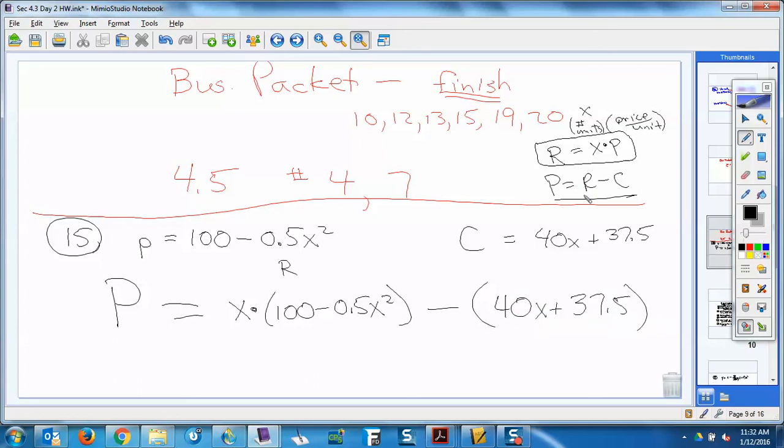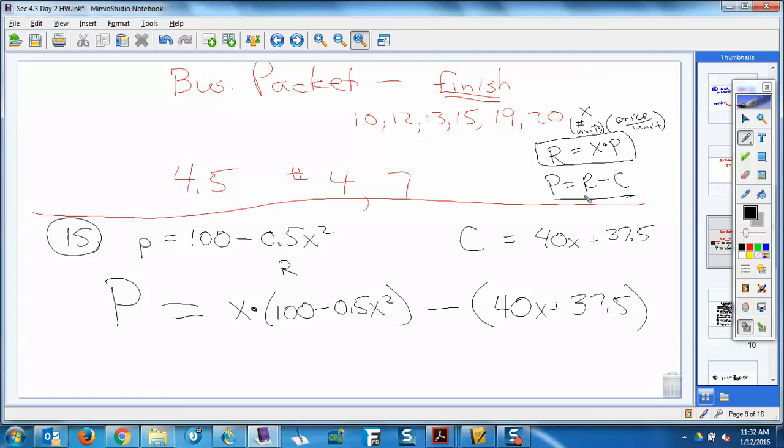So profit is revenue minus cost, and revenue is typically x times little p. But I don't want you to memorize that. I mean, great if you do, but I also want you to understand it. Little p is the equation for the price, because that's going to change depending on how many units we have.